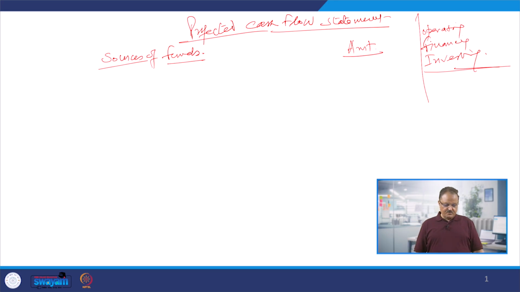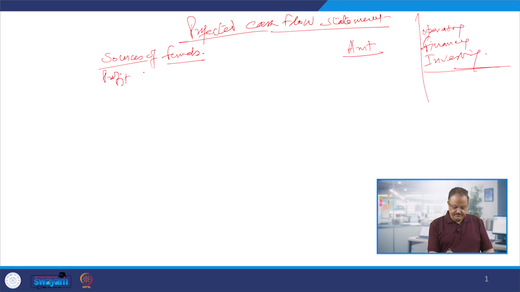On the top we are going to put the sources of the funds, and after that the sources of the funds we are going to put the application of the funds. So where the cash will come from and where the cash will go to, and what will be the net difference, that we will calculate. So in this case, sources of the funds: first of all we start preparing this cash flow statement, and the beginning of the cash flow statement is always with the profit.